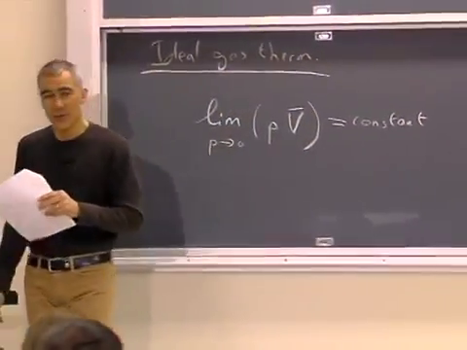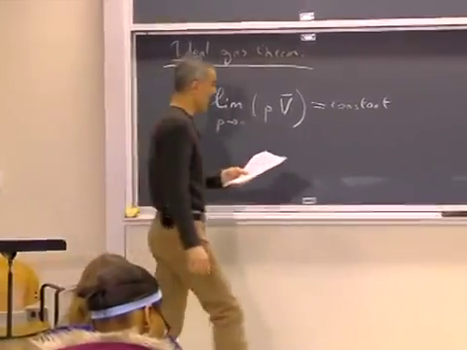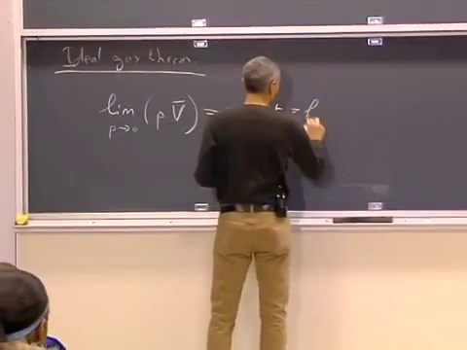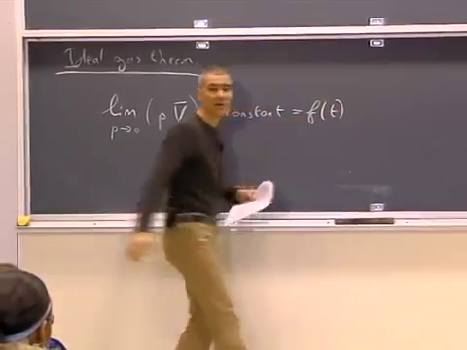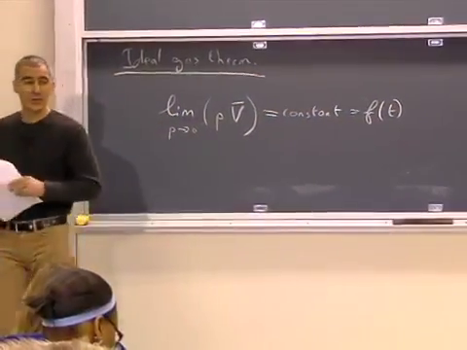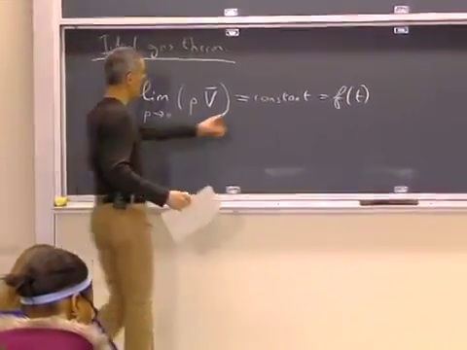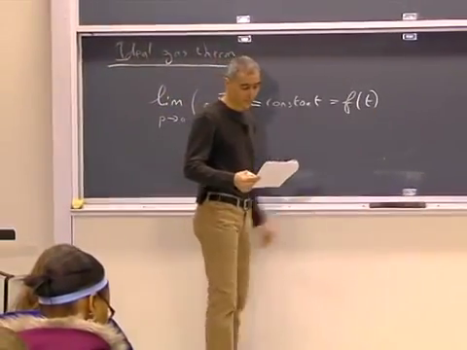Doesn't care what the gas is, you always get to the same constant. And that constant turns out to be a function of the temperature. And the only function it is, it doesn't care what the gas is, it only cares what the temperature is.